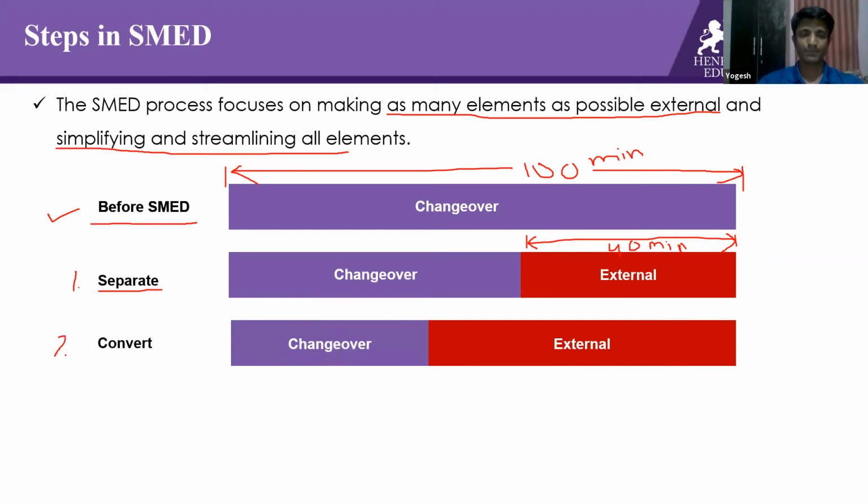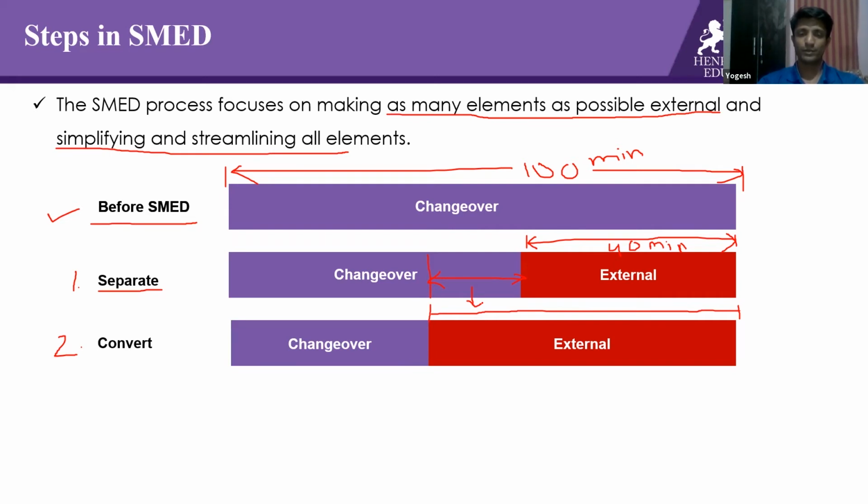Then the second step, convert, right? Separate, convert. What we do in the convert step is find out more external elements. Basically, the internal elements that can be transferred to external elements, by making some changes, by introducing some new tools or quick fix arrangements, or by doing the process faster, or by doing some activities that can be moved external.